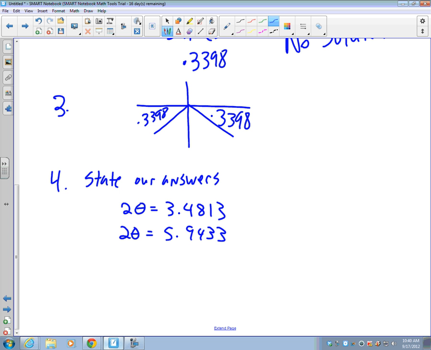Everybody okay? And it also said it wanted all general values, so what do we need to do? Yes. Plus 2 pi k, plus 2 pi k, where k is an integer. Right? That's because of the general value thing. We're okay with that? Good.